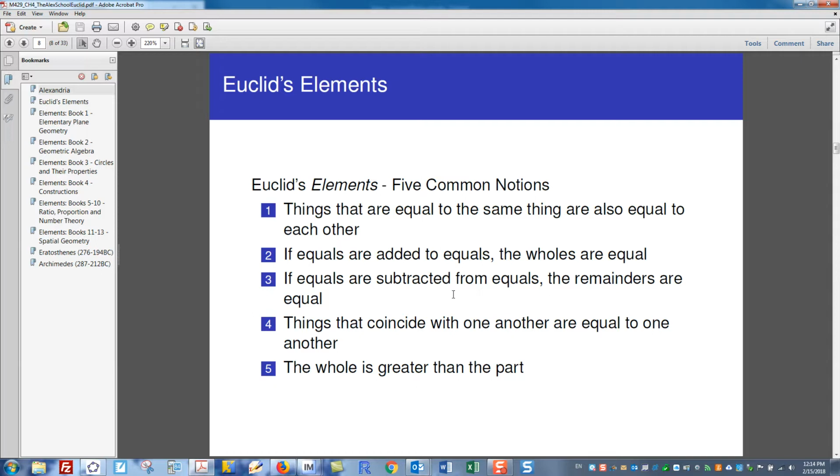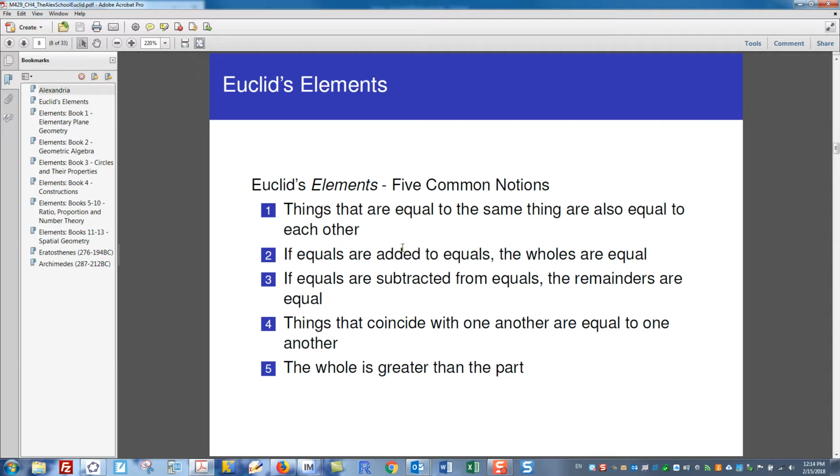There are also 5 common notions. Things that are equal to the same thing are also equal to each other. We sometimes think of that as transitivity. If equals are added to equals, then the wholes are equal. So we can take 2 equations and combine them into one.